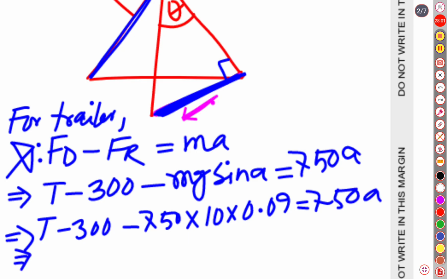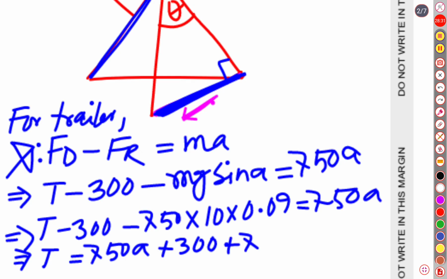If we isolate T, then T is equal to 750a plus 300 plus 750 into 10 into 0.09. These are all the terms of equation number 2. This is equation number 2.